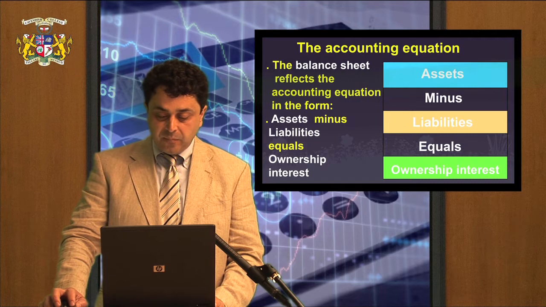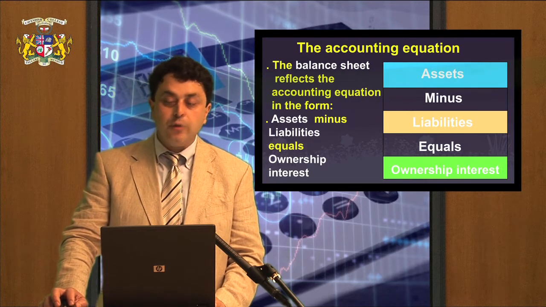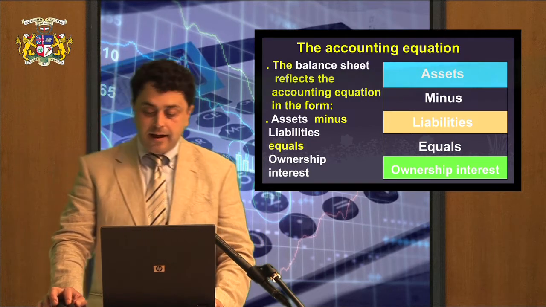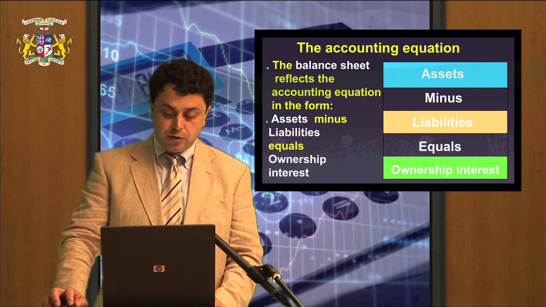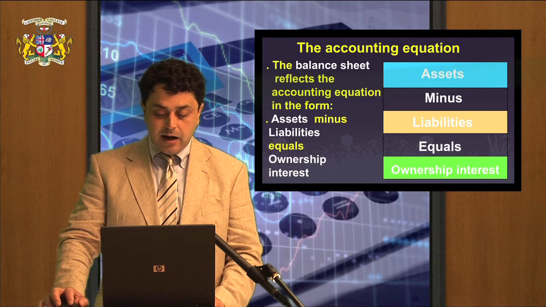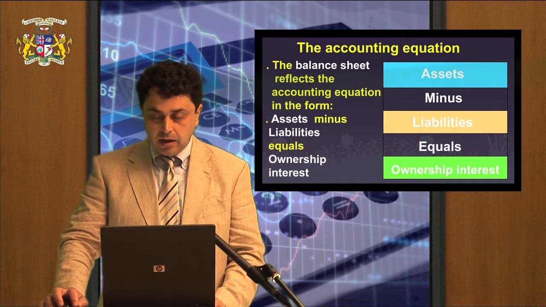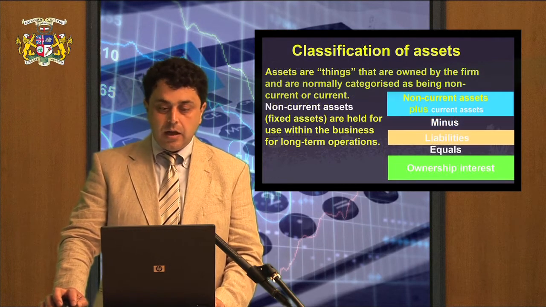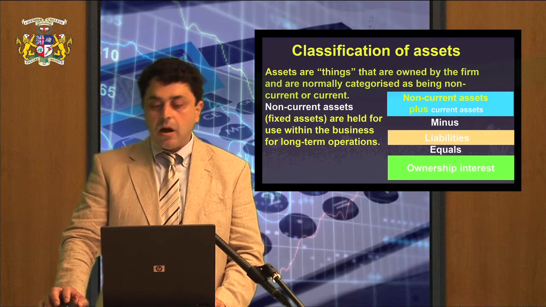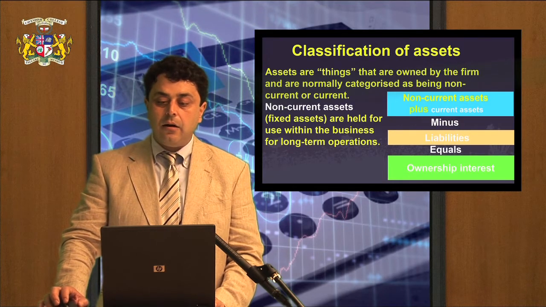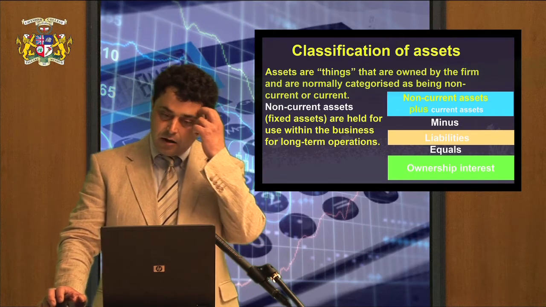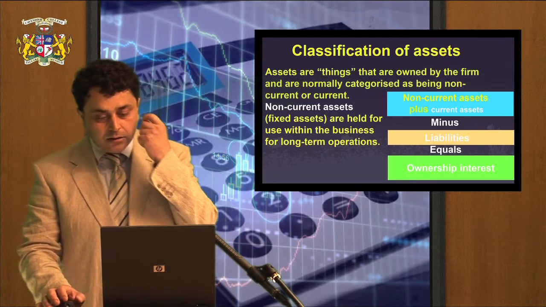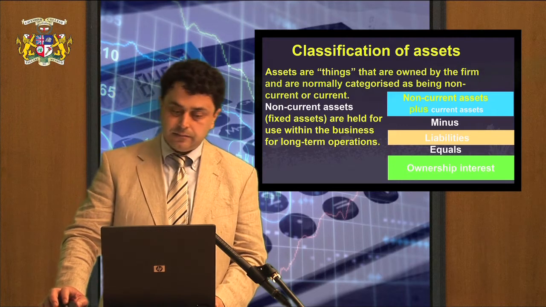So we saw that assets appear at the top of the accounting equation. Let us then start with assets. What are assets? Assets are things that are owned by the company and are normally categorized as being non-current or current.